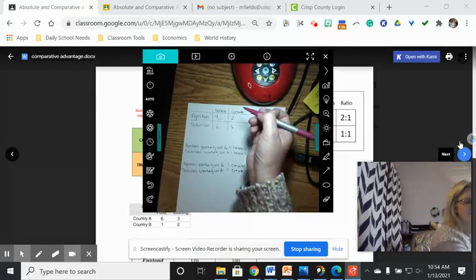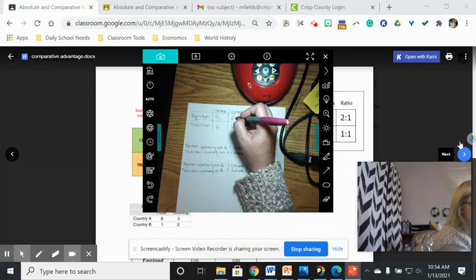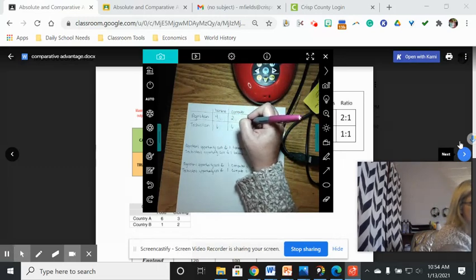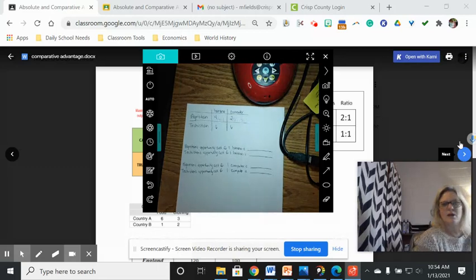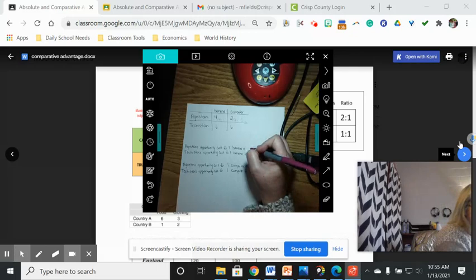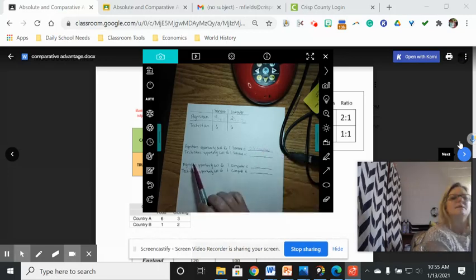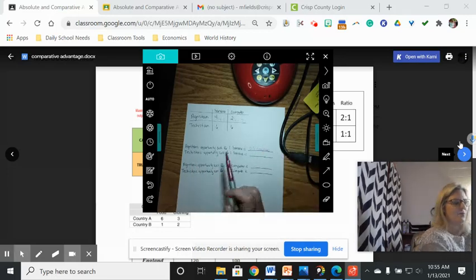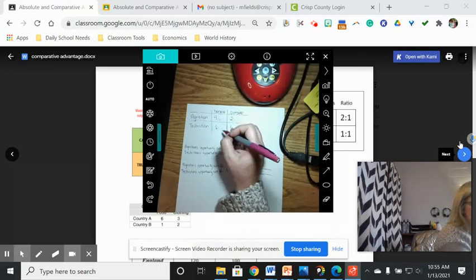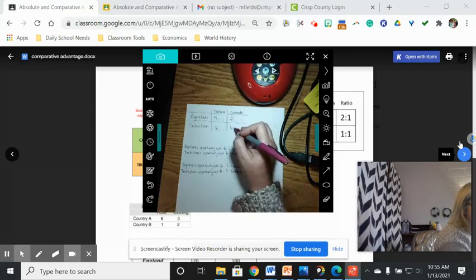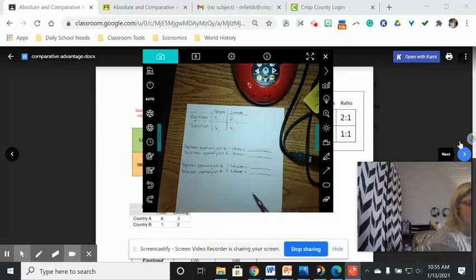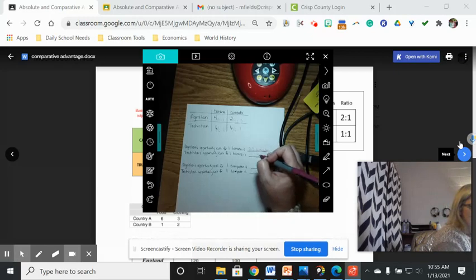If we divide this side by 4 to get 1 banana, we also divide this side by 4 to get half of a computer. So Agristan's opportunity cost for 1 banana is 0.5 computers. Tekistan's opportunity cost for 1 banana is, let's divide this side by 6 to get 1, and this side by 6 to get 1. So Tekistan's opportunity cost for 1 banana is 1 computer.